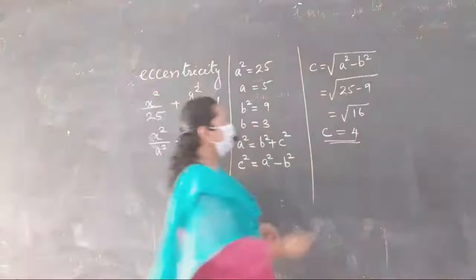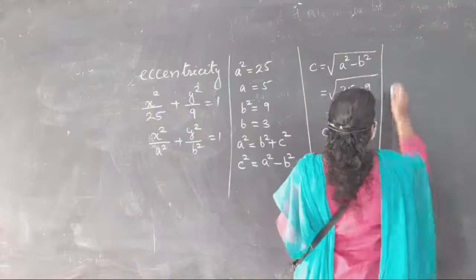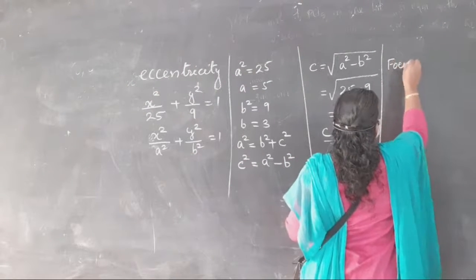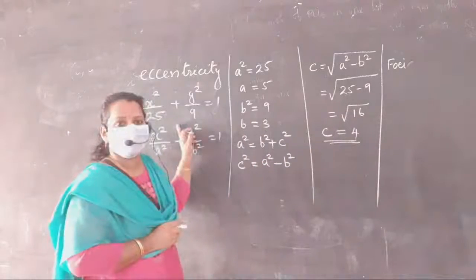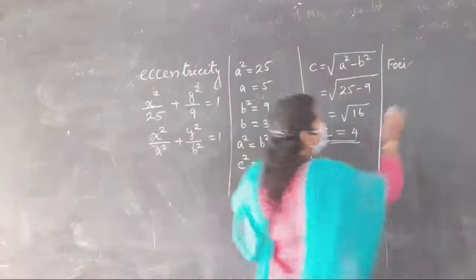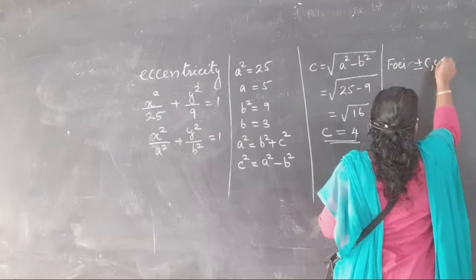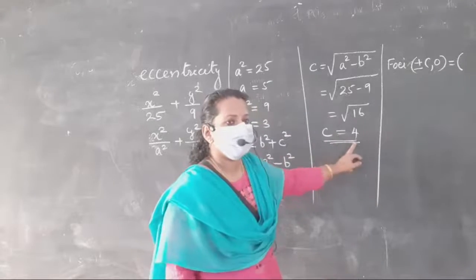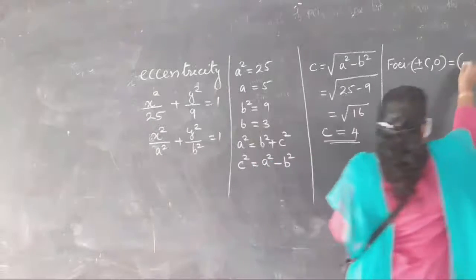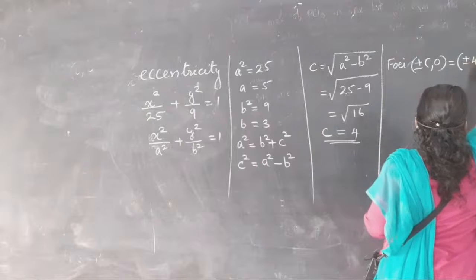What is coordinates of foci? X ആക്സിസിലാണ് മേജർ ആക്സിസ് വരുന്നത്. Then foci plus or minus c, 0. That is plus or minus 4, 0.